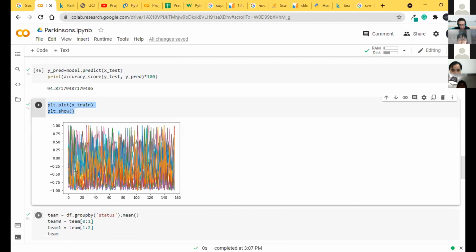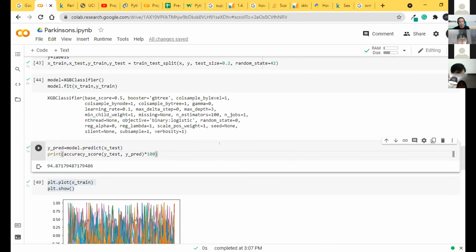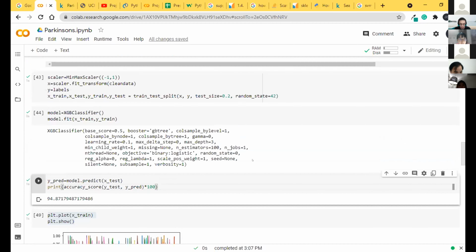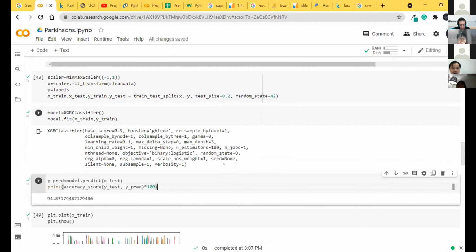94. Can I look at the confusion matrix? You mean this one? The confusion matrix, the rectangle thing. Maybe not. Okay. How many positive cases as a percentage? The percentage of true positives.